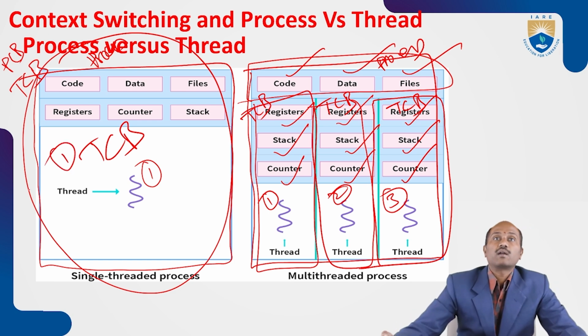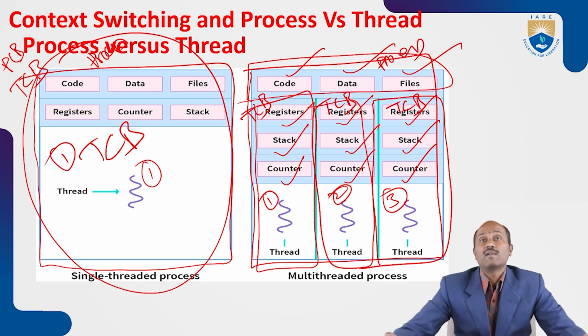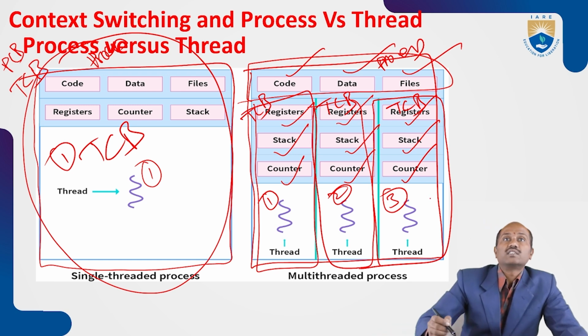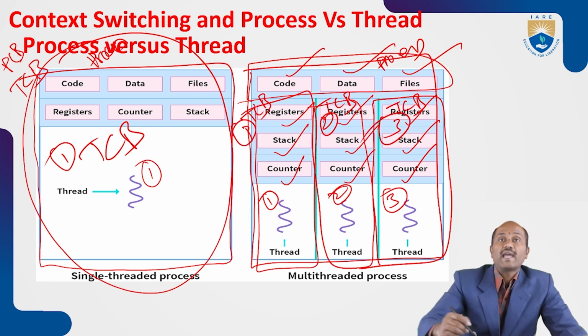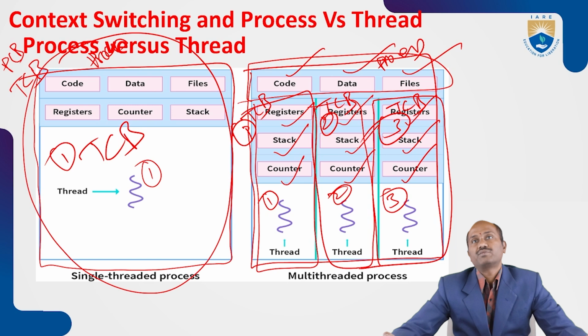In a multi-thread process, if n number of threads are there, n number of control blocks are there. Here three threads are there, three control blocks are there. So 1, 2, 3. Like that, if there are n number of threads, there are n number of thread control blocks. That's why it is called a multi-threaded process. So this is process versus thread.